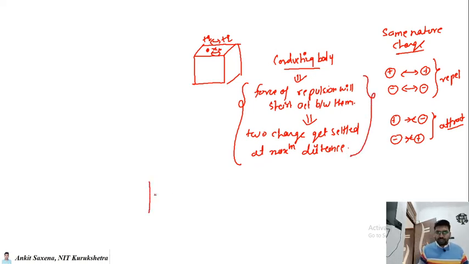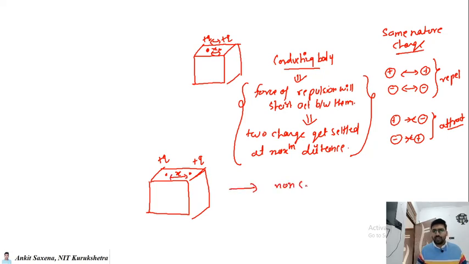In the same way, if we place two charges of the same nature on the body surface, for example plus q and plus q at a distance of x, and this body is a non-conducting body, now this body will not allow charge movement.